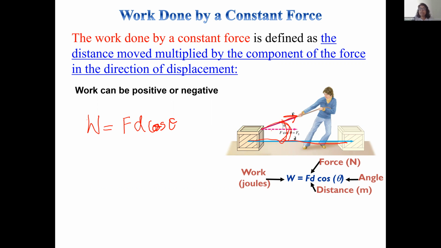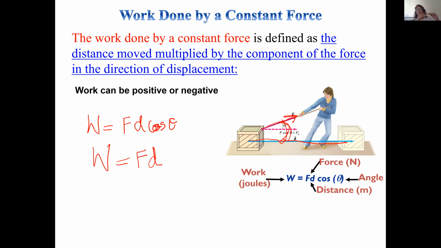So you know that cosine of 0 is just 1, cosine of 90 is 0, right? So keep that in mind. Work done will be max when the cosine of theta is equal to 1. That means theta equals 0.